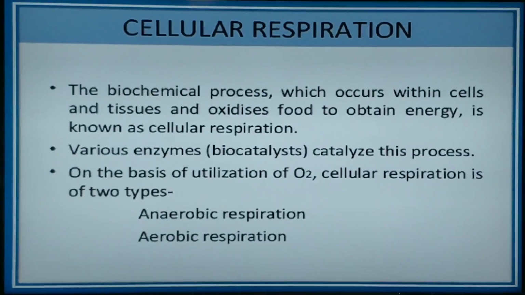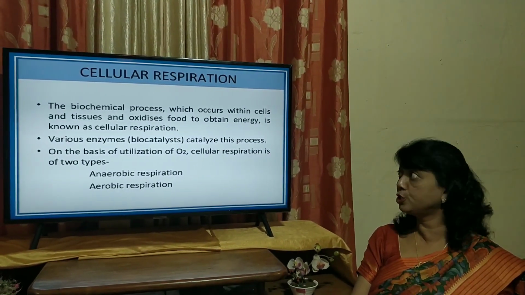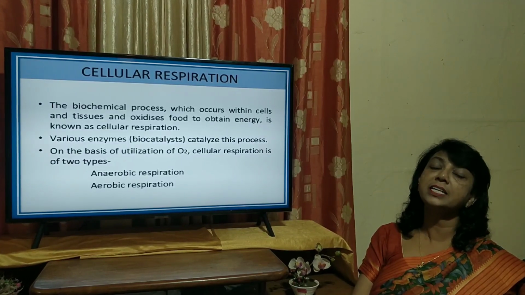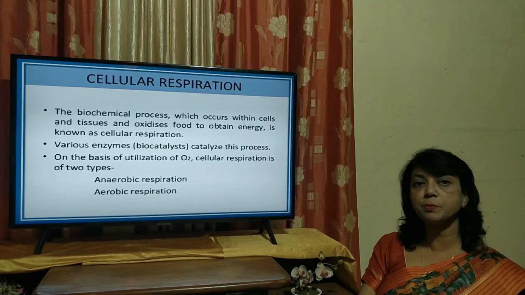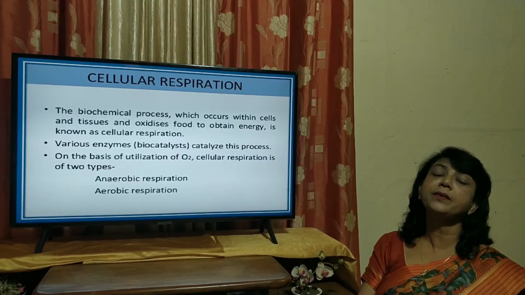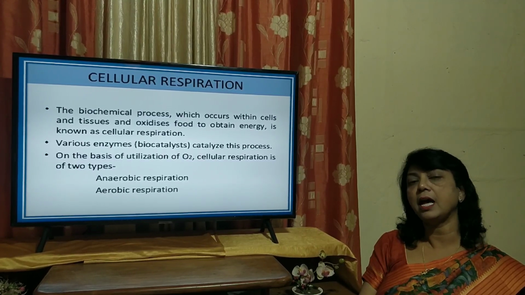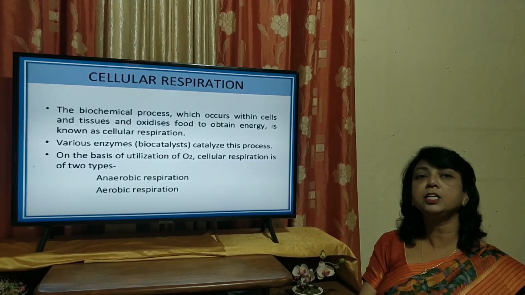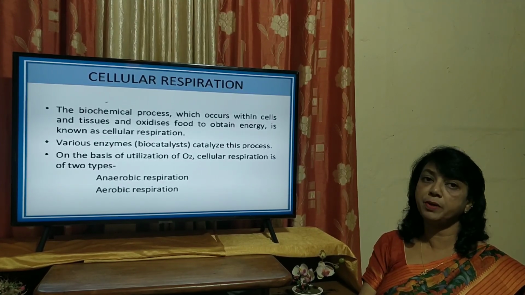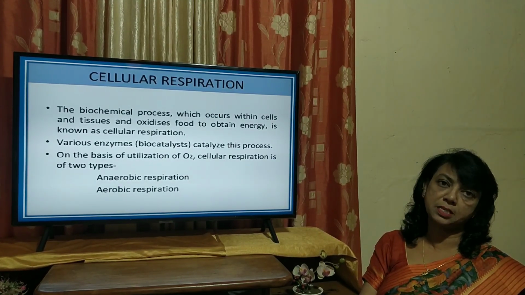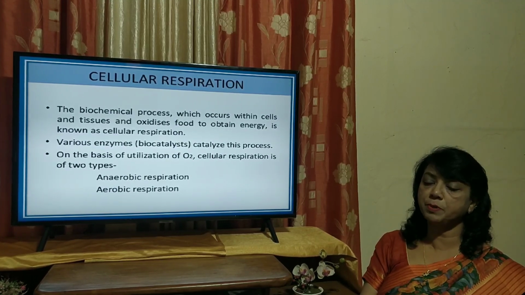The biochemical process which occurs within the cells and tissues and oxidizes food to give energy is called cellular respiration. Various enzymes catalyze the process, and depending upon the utilization of oxygen, cellular respiration is of two types: anaerobic respiration and aerobic respiration.